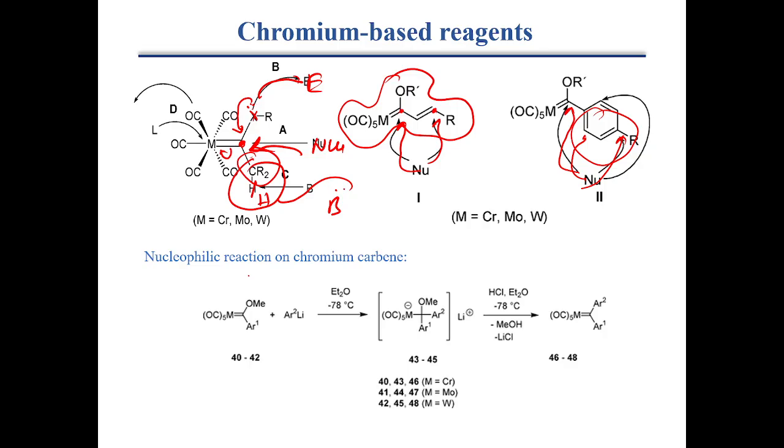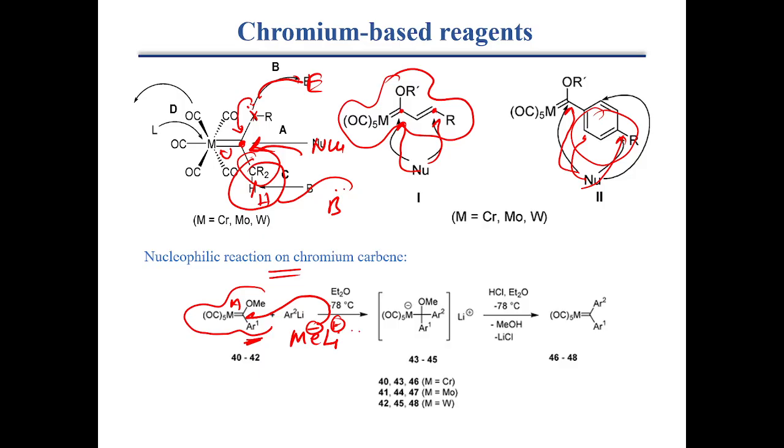Now I'm going to discuss the nucleophilic reaction of chromium carbene. This is the chromium carbene, and this is the aryl group. If we treat it with methyl lithium, methyl minus lithium plus, it directly attacks this center.